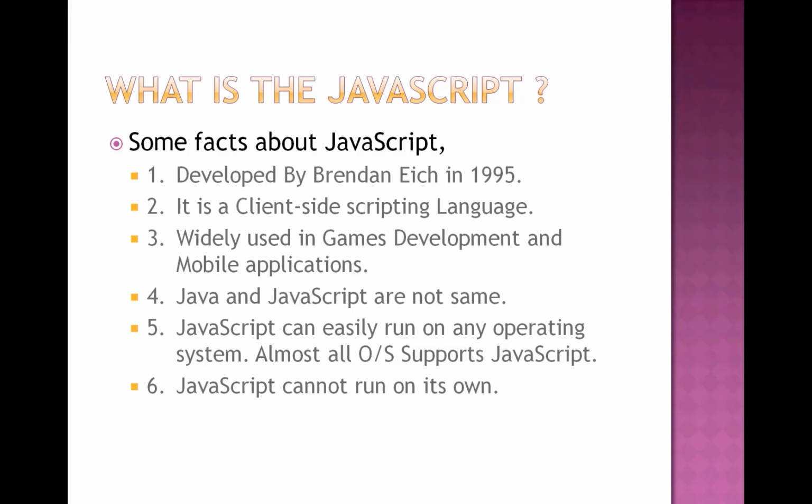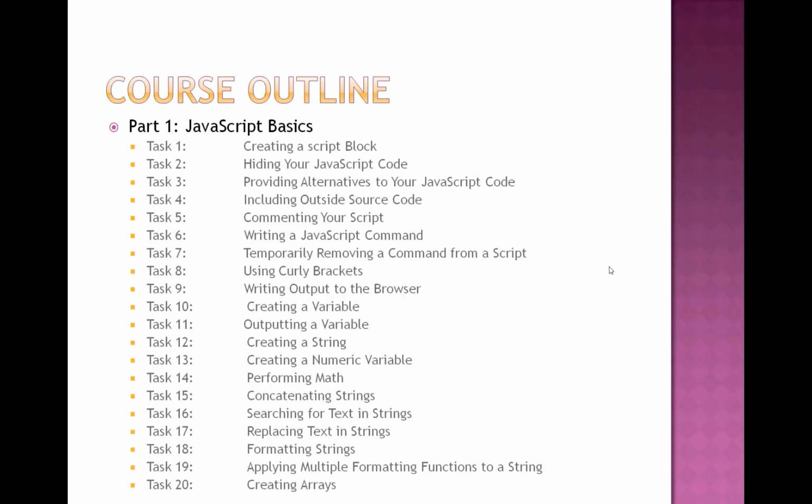So now we are moving on to see the course outline. This is our course outline. In Part 1 we discuss JavaScript basics. In this part, all the tasks illustrate some fundamental JavaScript techniques and skills.